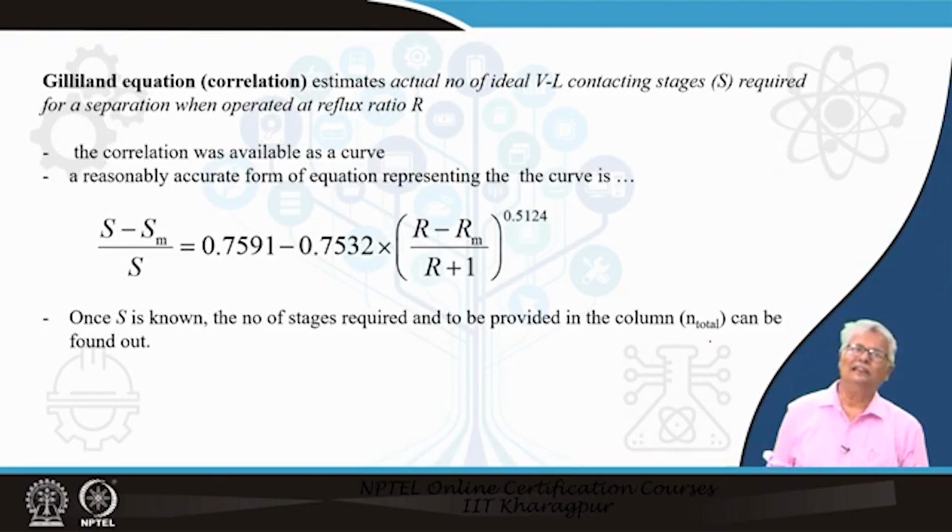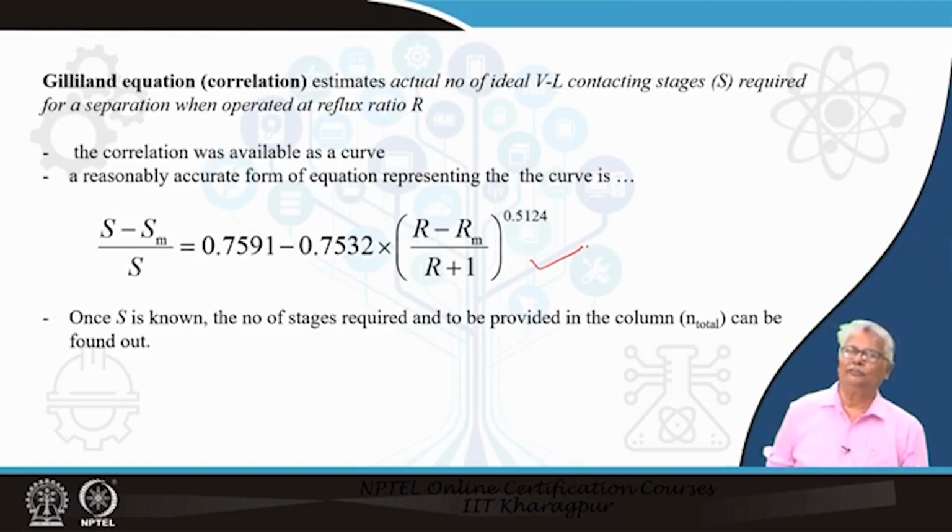In fact, Gilliland gave us a correlation in the graphical form originally, whose mathematical form is here. This is the mathematical form, and this basically has been found out empirically, and it relates the minimum number of theoretical stages Sm to the real number of stages corresponding to R. That means, S corresponds to R reflux ratio and Sm corresponds to Rm, the minimum reflux ratio, and this is the expression.